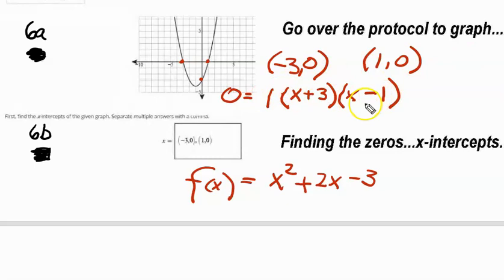And then foiling this, we get this, and putting it in standard form, this is the equation of this parabola. Reviewing once again, we found the intercepts, worked backwards, found out what an a value would be, solved for that a, and then put it into the standard form of the quadratic function.